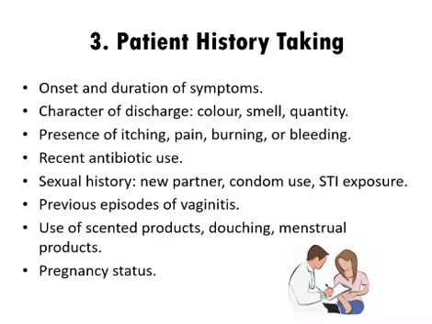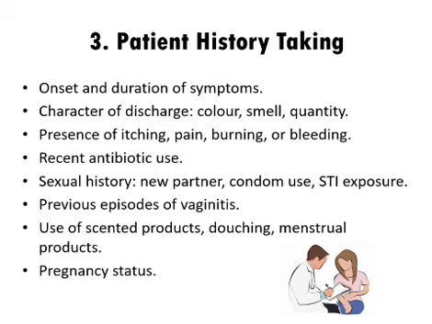Next will be patient history taking process. During the process, as a pharmacist, we need to ask the patient a few questions based on the vaginitis. First will be how long the duration of symptoms.